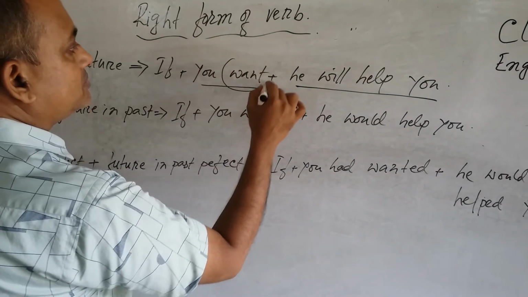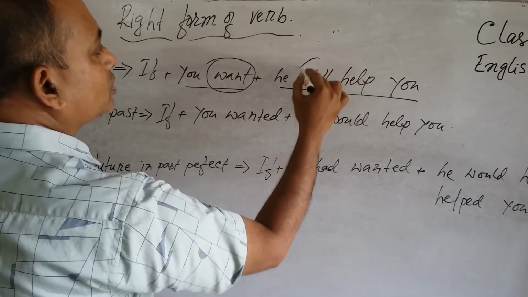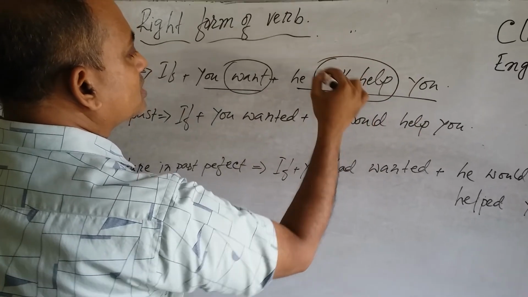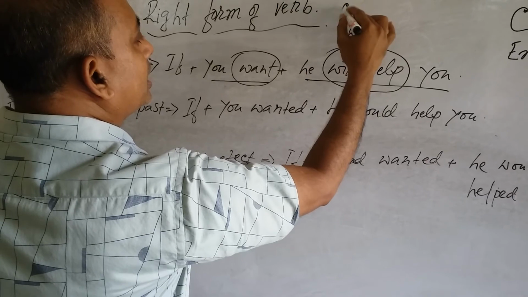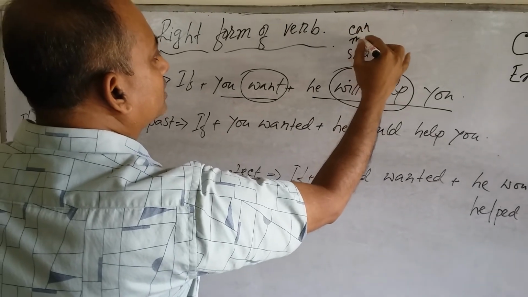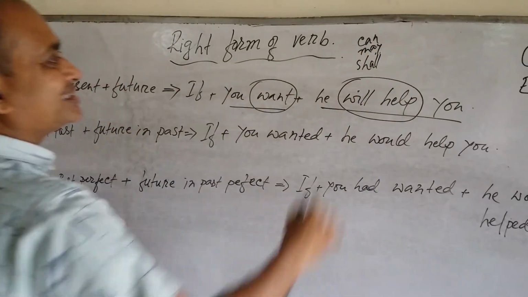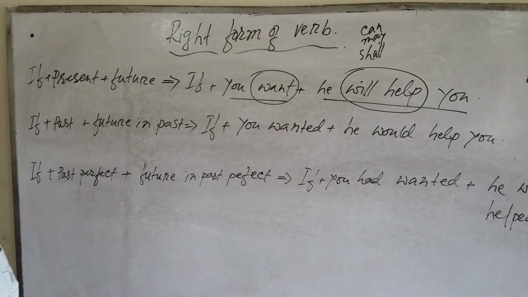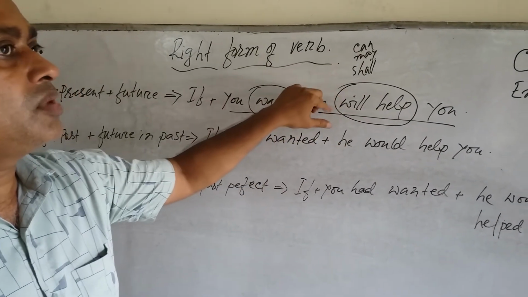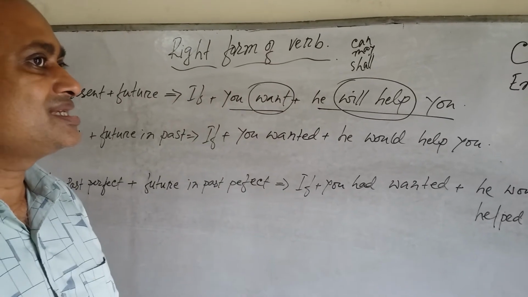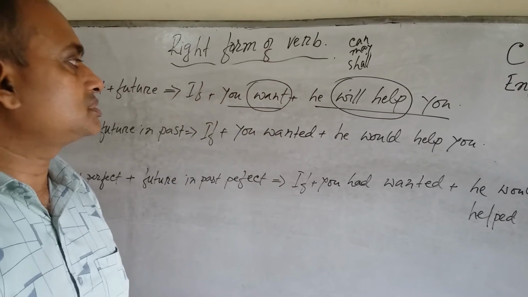Want is in present, so we have used the simple future. That means will, shall, can, may. We can use these four modals generally. In this case, you have to use any one in case of the meaning that refers.